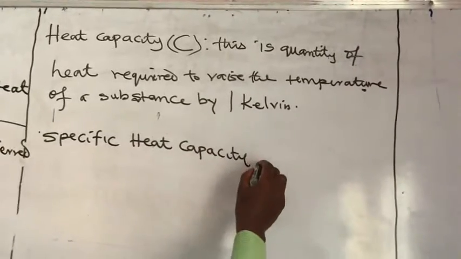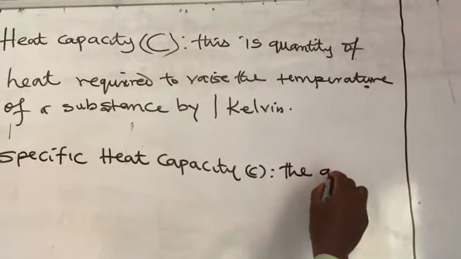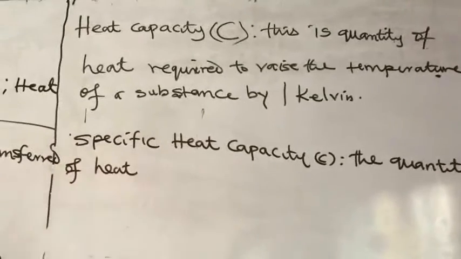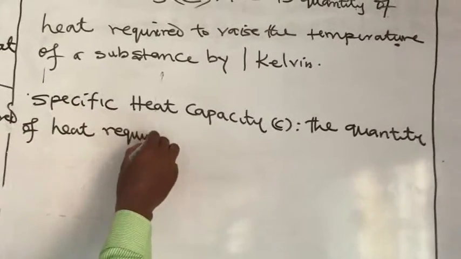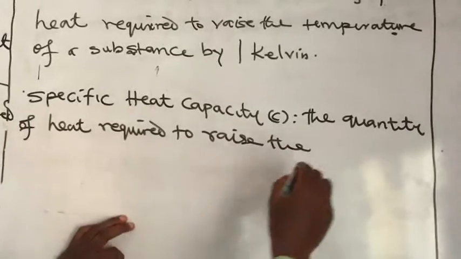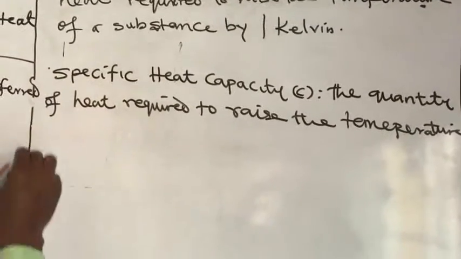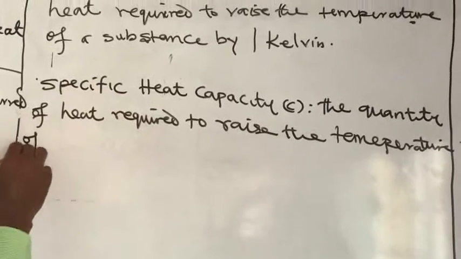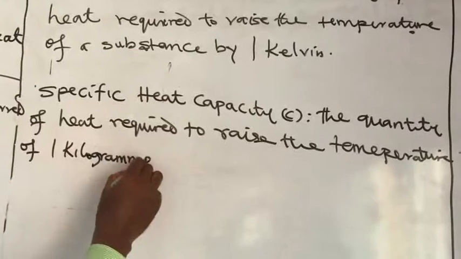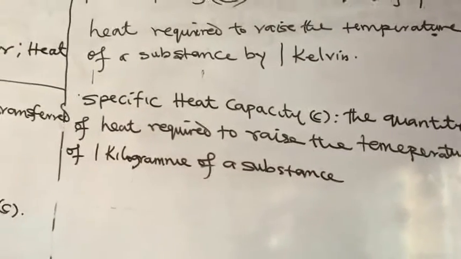Which we denote as small c. We define this as the quantity of heat required to raise the temperature of 1 kg of a substance by 1 Kelvin.